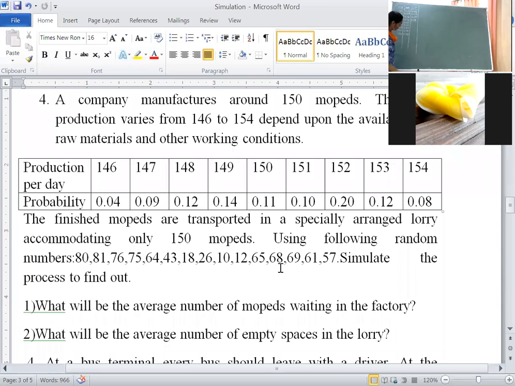Because 15 random numbers are given, that's why I'm writing little small. Simultaneously solve the problem, students.